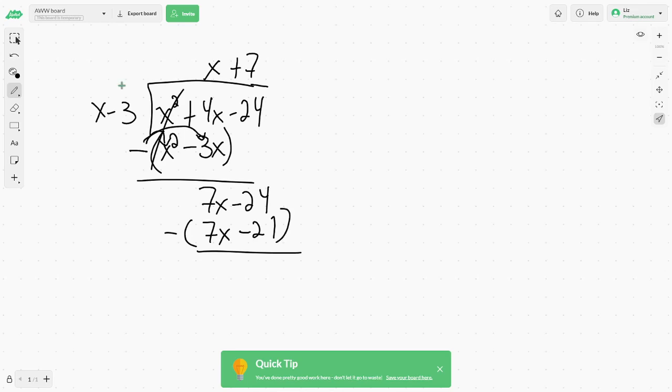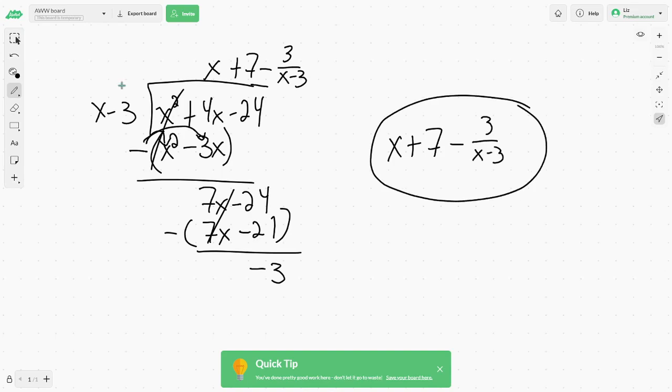So 7x minus 7x, they cancel. Negative 24 minus a negative 21, well, that's adding, so that just gives us a negative 3 here, right? Negative 24 plus 21 is negative 3. So our remainder is negative 3, so we're minusing 3 over x minus 3. So my final answer is x plus 7 minus 3 over x minus 3. And that is our final answer there.